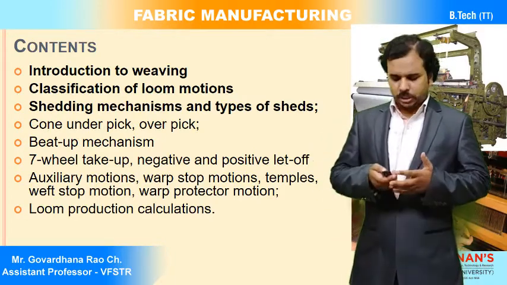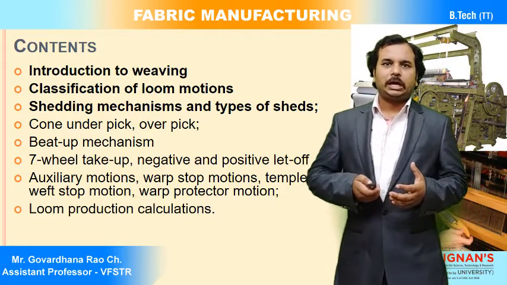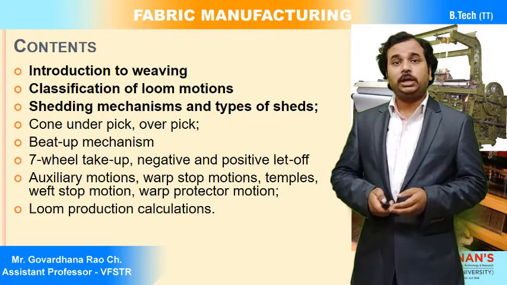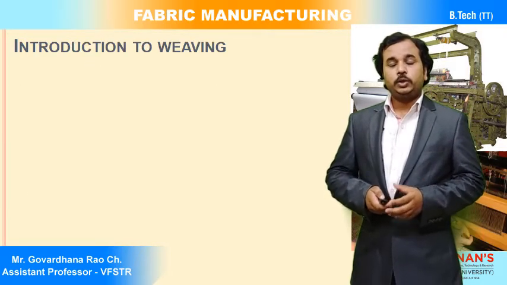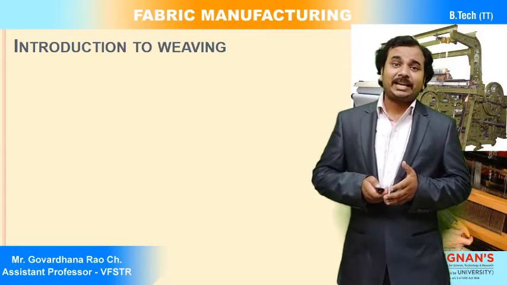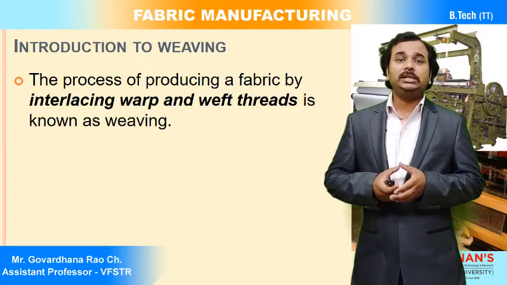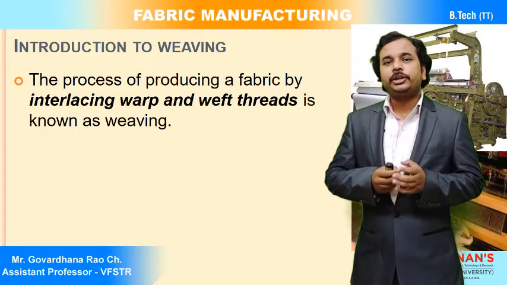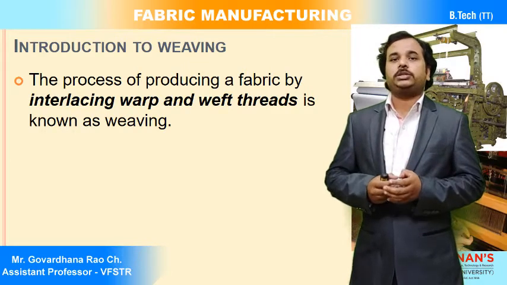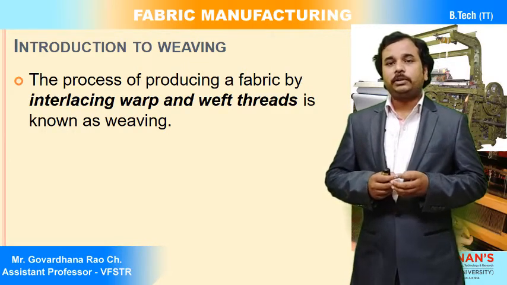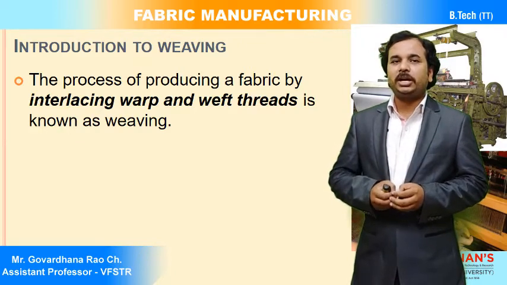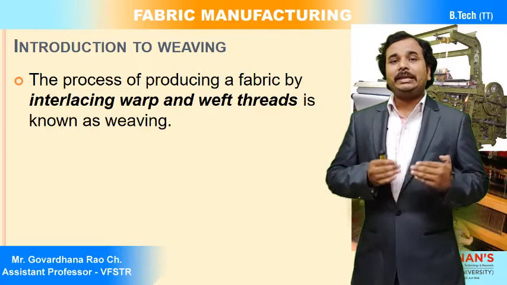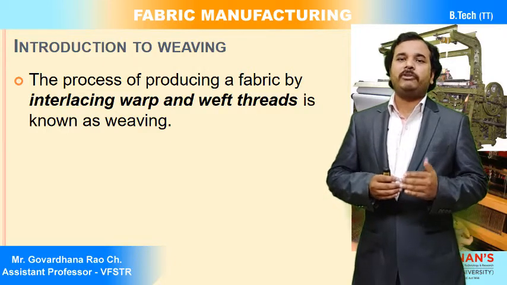We will look at the first topic, that is introduction to the weaving. So what exactly is the weaving process? As I mentioned earlier, the weaving process is nothing but the production of fabric by interlacing warp and weft threads.